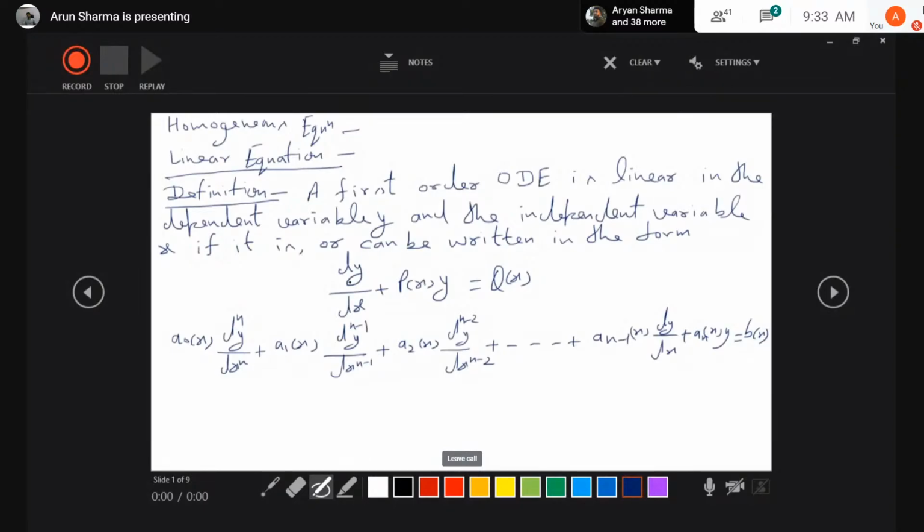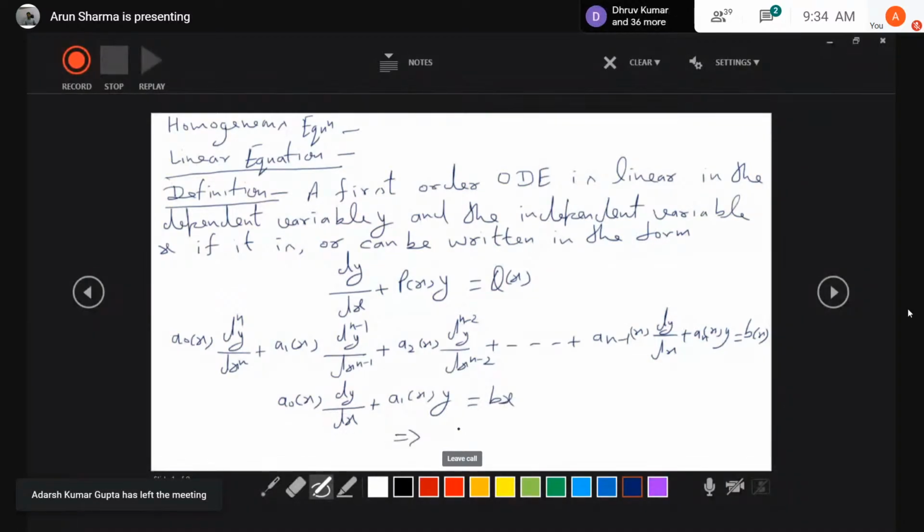Now I am taking order 1 differential equation. If you take n equals 1, you will get a0(x) dy by dx plus a1(x) y equals b(x).